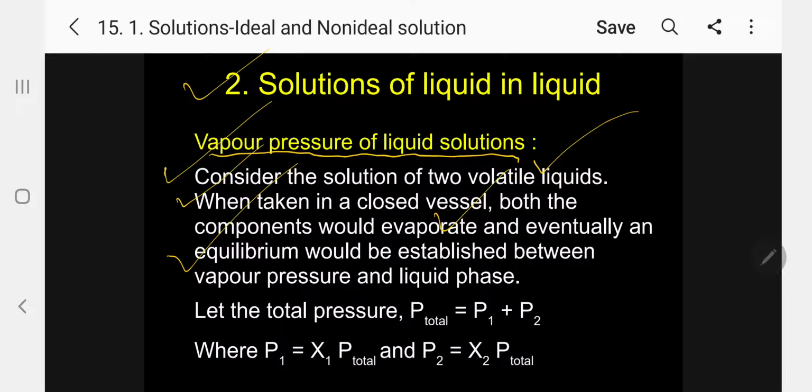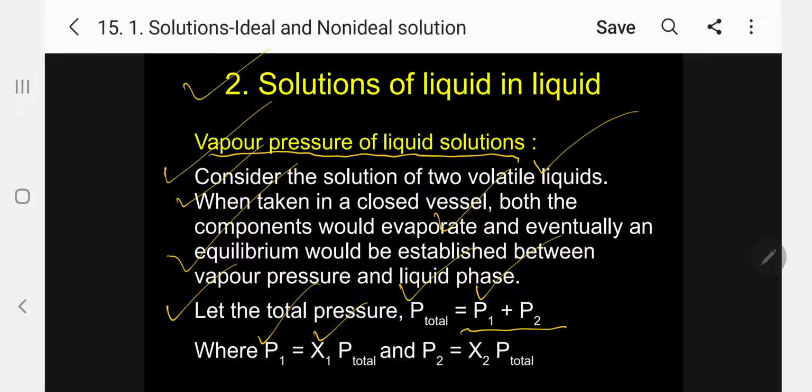So when we are keeping two volatile liquids in a closed container, let us assume the total pressure of the two liquid solutions is equal to P1 plus P2, where P1 is the vapor pressure of solvent 1, P2 is the vapor pressure of solvent 2. So P is the total vapor pressure. Or I can write P1 is equal to X1 into P total.